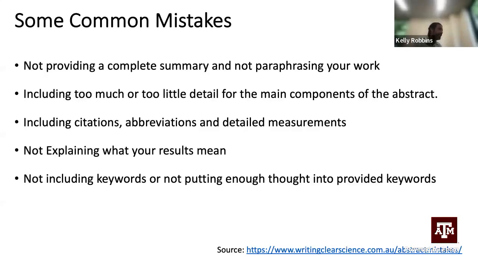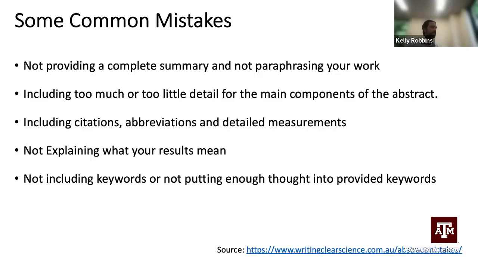You shouldn't be including citations. You should try and avoid abbreviations as much as possible. That's not always possible, and if there are abbreviations that are very common and well known in the field, those are certainly fine. And detailed measurements: you have lots of room in the actual paper, or whatever presentation you're going to give, for really detailed measurements and results.